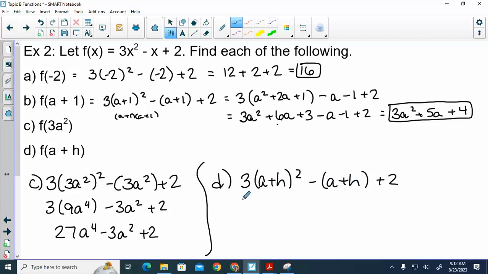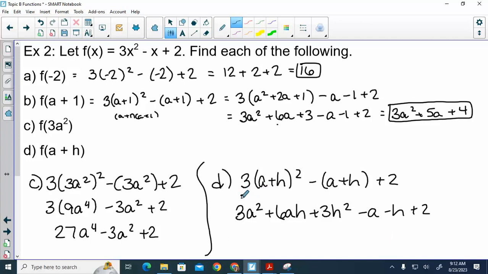So if you FOIL, would you guys mind if I FOIL and distribute my 3 at the same time? Yes. Okay, no like terms, so that's it. You could have it in a different order. Did I lose anybody there?